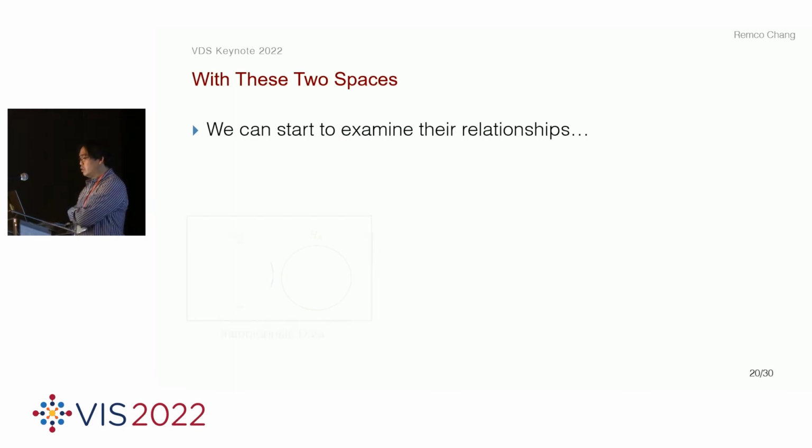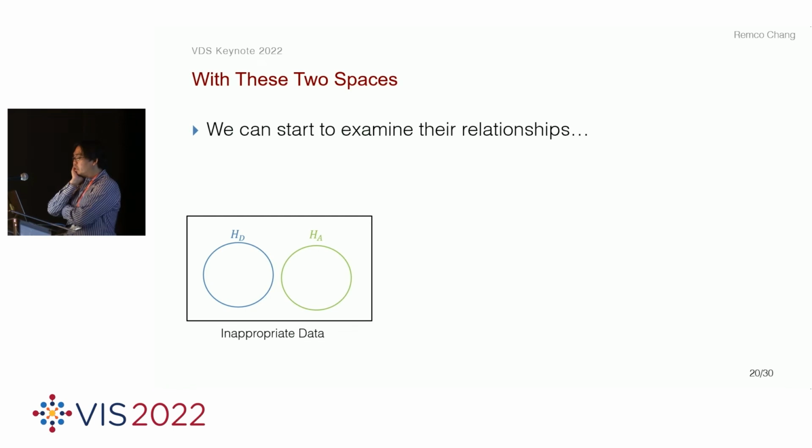For instance, if H of D and H of A are completely disjoint, then effectively the data set that the analyst has cannot be used to answer their questions at all, right? There's no intersection between the two.